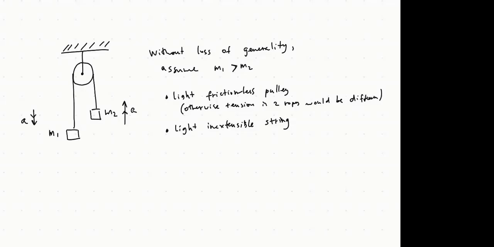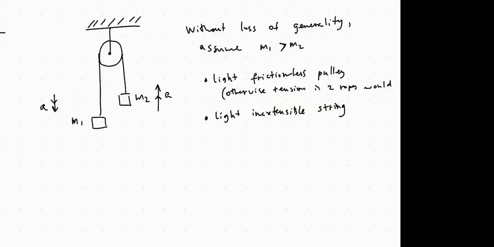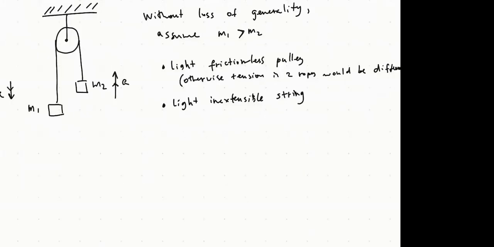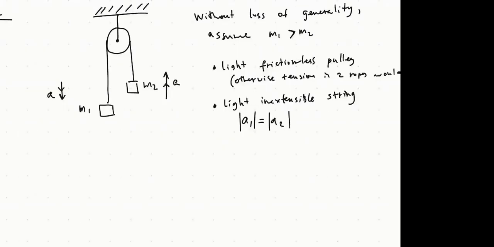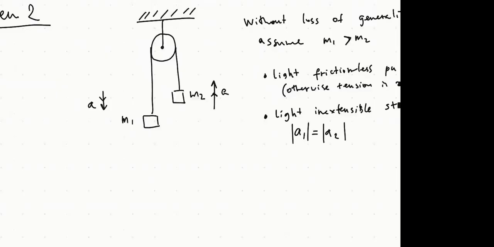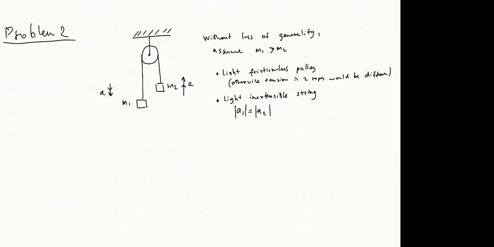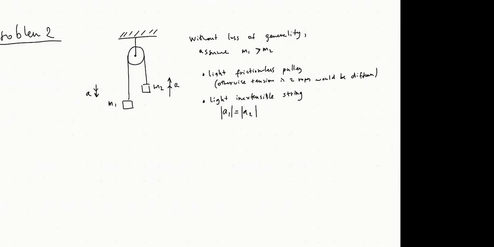That means accelerations are the same. So the acceleration of mass 1 has to equal the acceleration of mass 2, in modulus, because one is up and one is down. But that's not important.